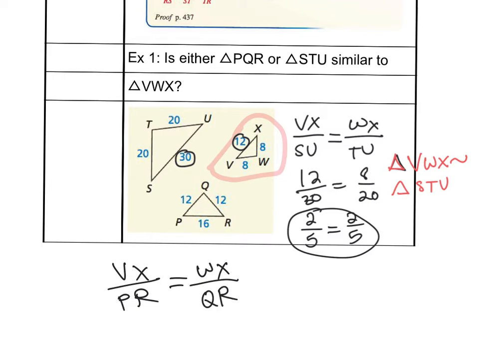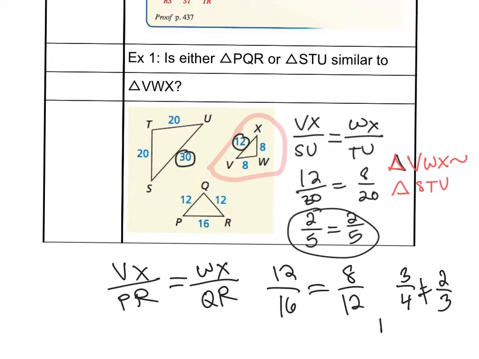So let's set this up. VX again is 12 over 16, and that is going to be equal to 8 over 12. Some of you that are more mathematically inclined might see this right away and say there's no way that's equal. If I reduce these, 12/16 ends up being 3/4, and the other side would be 2/3. So these are not equal, so these are not similar.